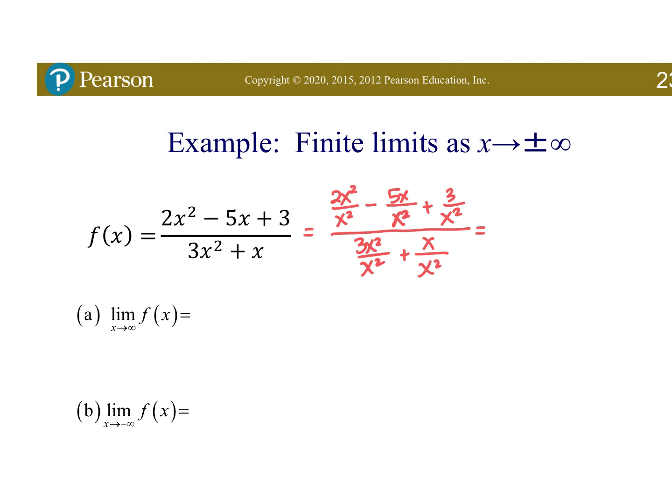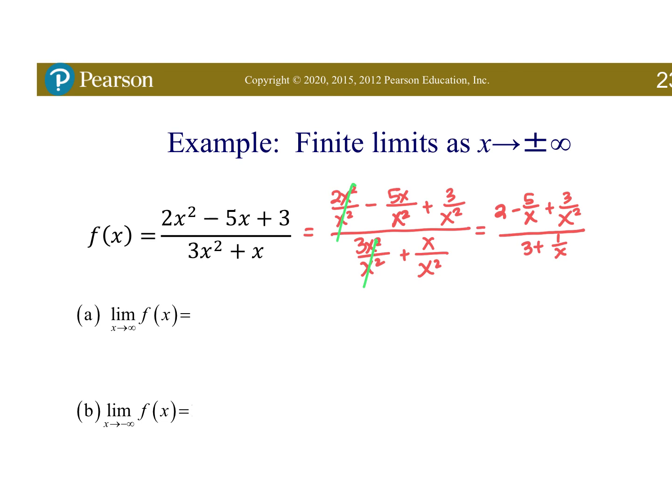So what we get is reduce. Okay, so then that gives me 2 minus 5 over x plus 3 over x squared over, and this reduces, and I'll get 3 plus 1 over x.